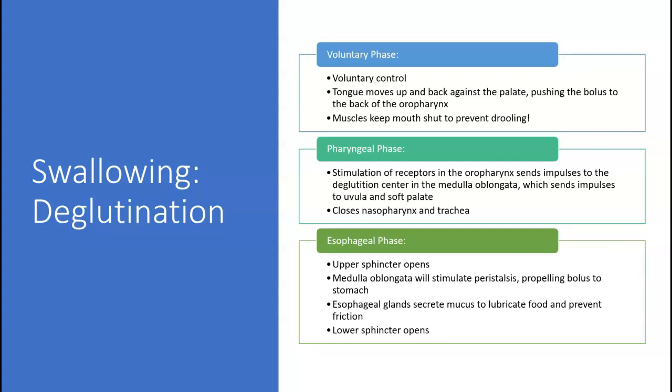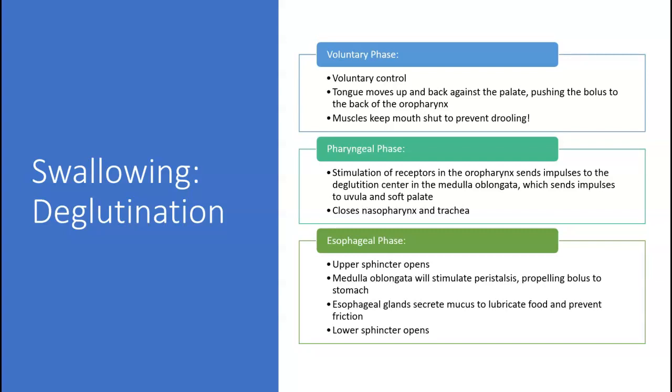The medulla then sends impulses back to the uvula and the soft palate, causing them to move upward, which closes off the nasopharynx and the trachea, so that we don't have food coming out of our nose and we don't have food going down our windpipe, which is the trachea. This is a really important phase in making sure food goes down the esophagus where we want it to go, and not back up or down our windpipe.